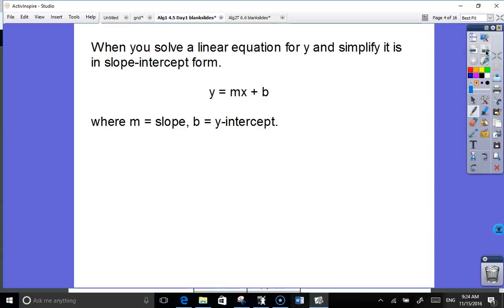Okay, so in y equals mx plus b, m, as we just saw in the homework, is the slope, right? b is the y-intercept. That's why it's called slope-intercept form of a line. If you have an equation which is not solved for y, you should solve it for y. Once you have it in that form, you can graph it with the calculator. There's so much you can do once equations are solved for y.